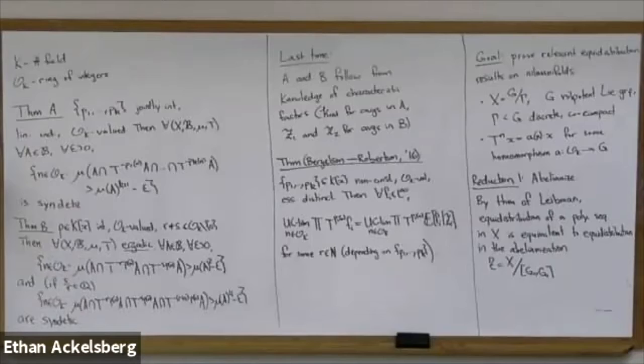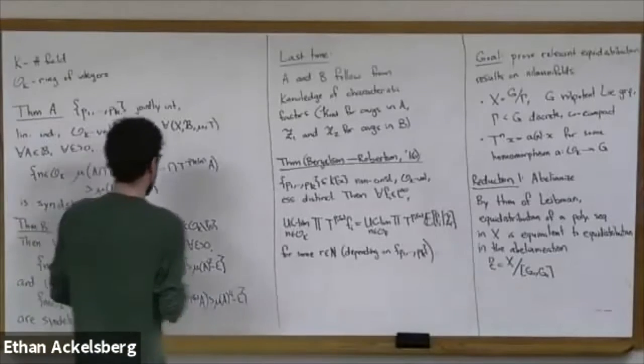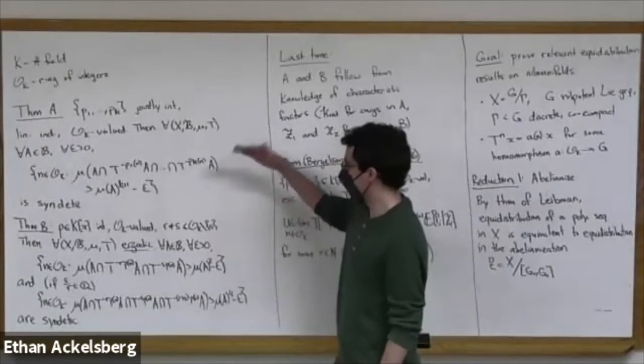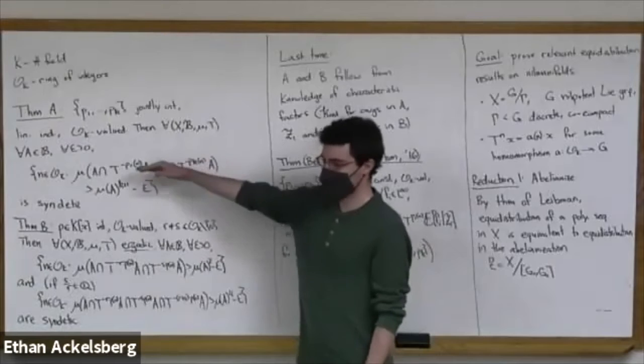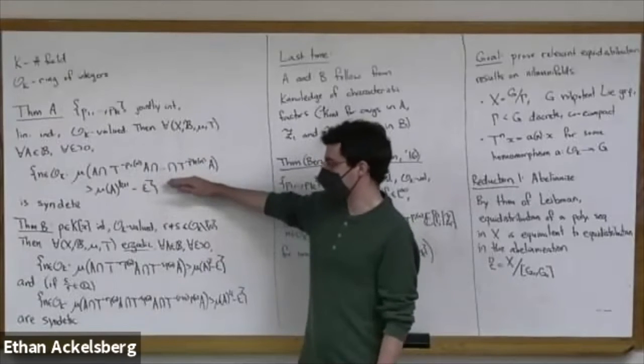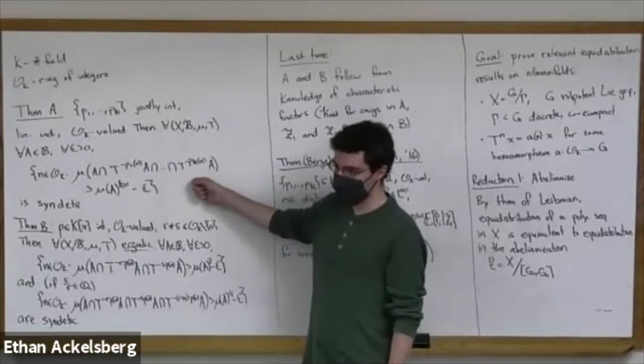And what I did last time, if I remember correctly, is I showed that these two theorems follow from knowledge of the corresponding characteristic factors. So that was what I spent the last talk on. So assuming that the characteristic factor controlling the relevant averages in this situation is the rational Kronecker factor, then you can get this result.